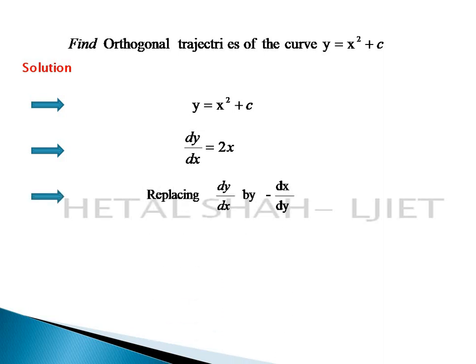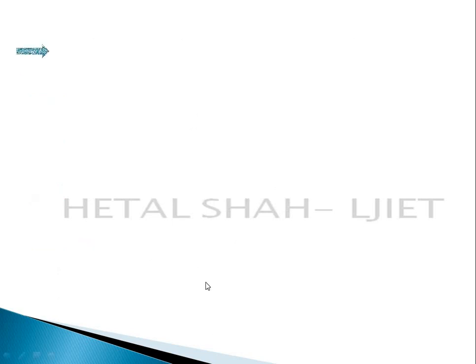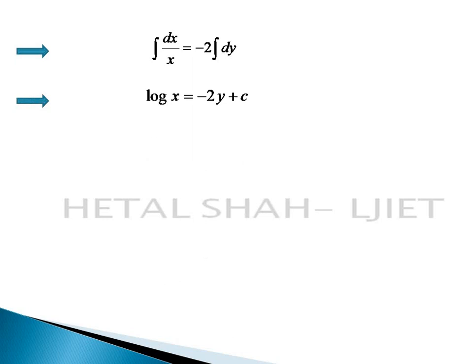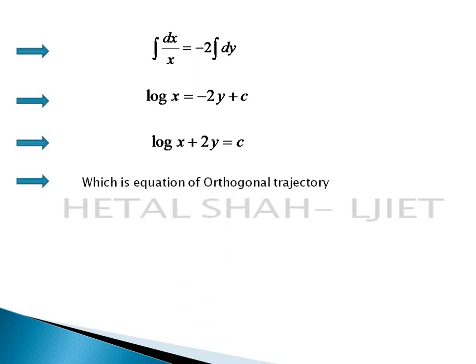Replacing dy by dx with minus dx by dy, we get minus dx by dy is equal to 2x. So dx by x is equal to minus 2y dy, and integrating both sides we get log x equal to minus 2y plus c. So log x plus 2y equal to c, which is the equation of the orthogonal trajectories.